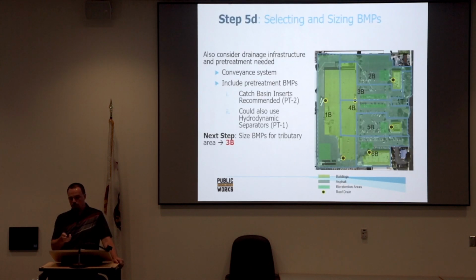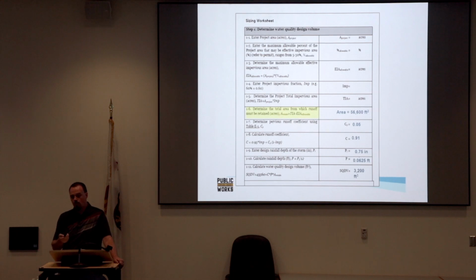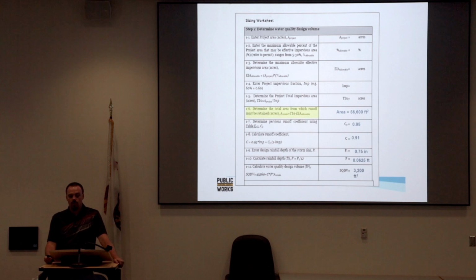So we're looking at site 3B. In this case, that drainage area is about 1.3 acres. We determined the pervious runoff, which is 0.05. That's taken from table E-1, and it's based on what the soil number is in that area. So in this case, for soil number 4, it's 0.05.